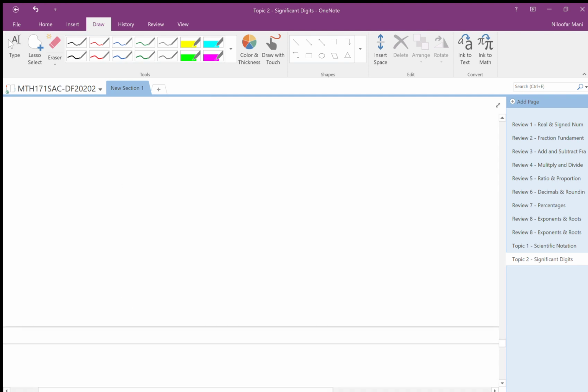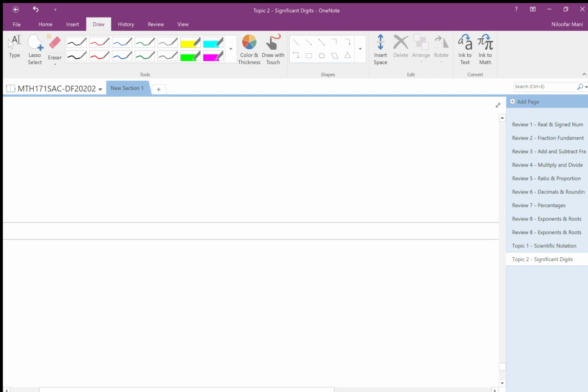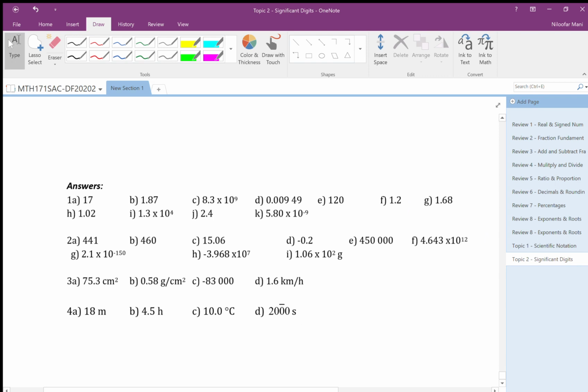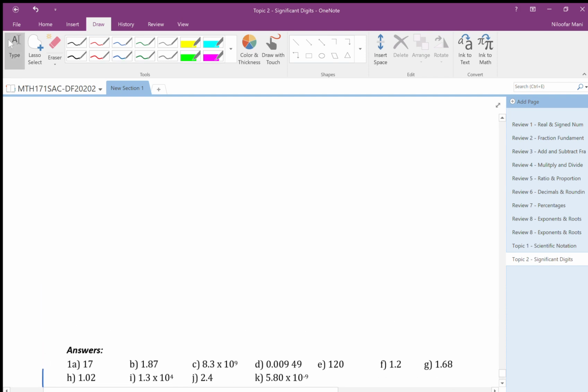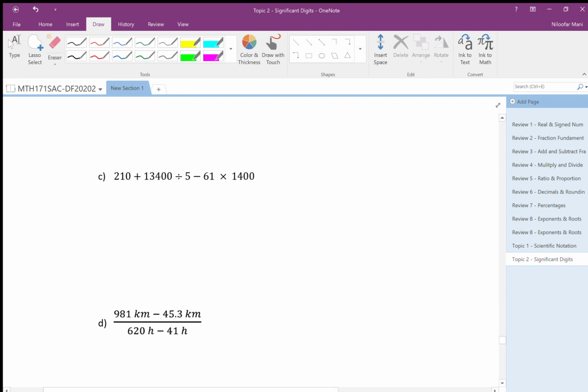Consider all the numbers are approximate, also this and this. For example, you can round them, follow the question and see what you have to do here, and all of the answers are here, so you can check the answer, and if you have a question, ask me.